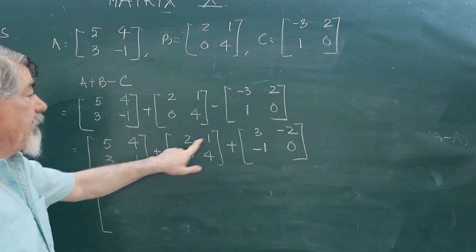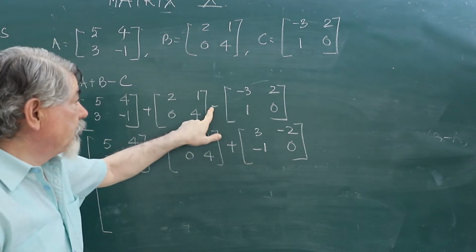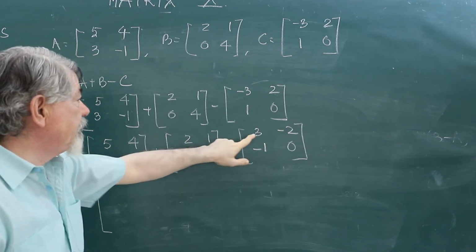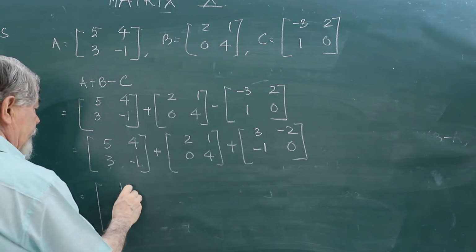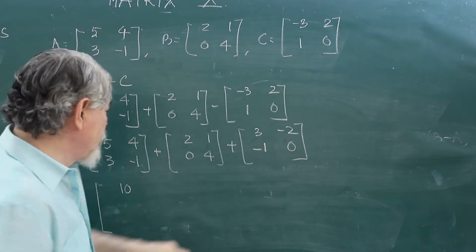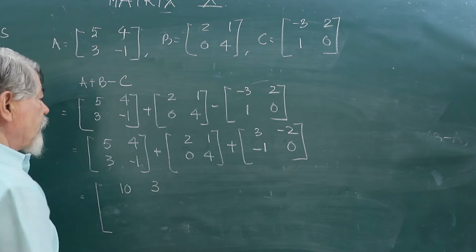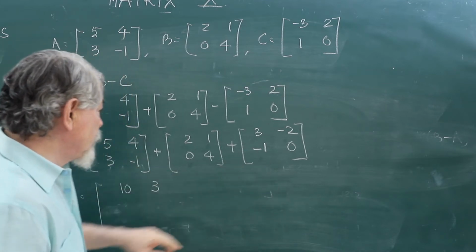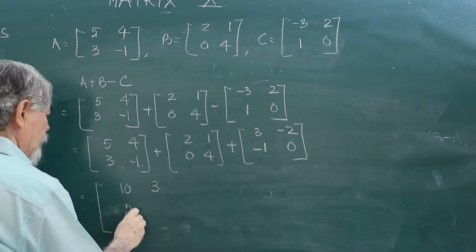5 plus 2 plus 3, because minus has become plus, so 5 plus 2 plus 3 is 10. Then I have 4 plus 1 minus 2, which is 3. Corresponding elements. 3 plus 0 minus 1 is 2.